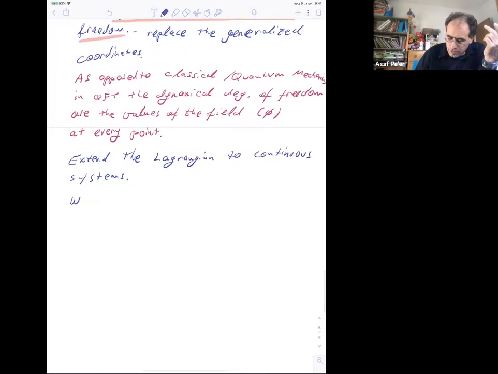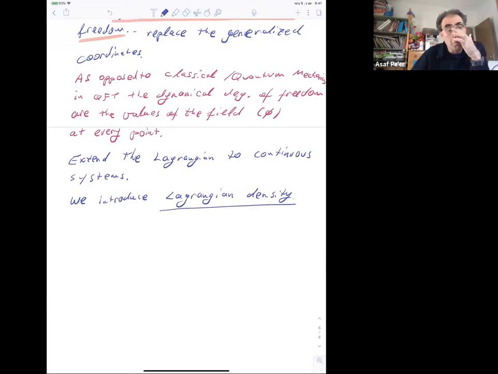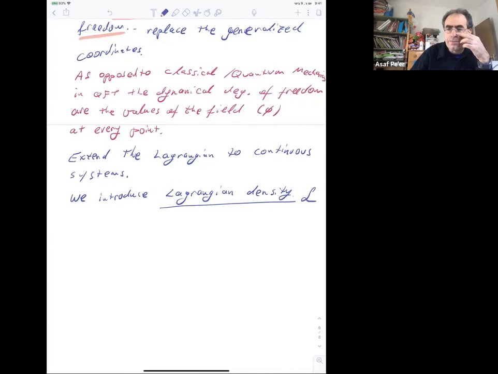You shouldn't be really worried about that. It's abstract, but it's not different than number density or energy density: the number of particles per unit volume, or the total energy stored in the system per unit volume. So here we have a Lagrangian density, denoted by curly L, which by itself is a function of the field and also the derivative of the field.